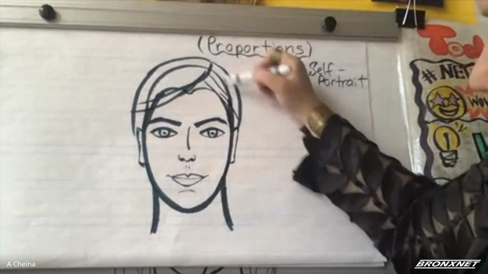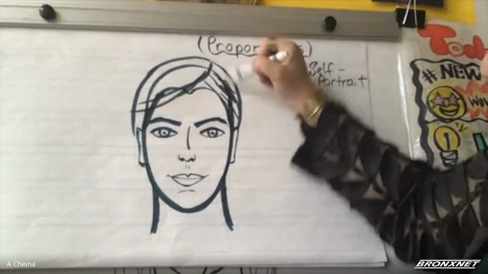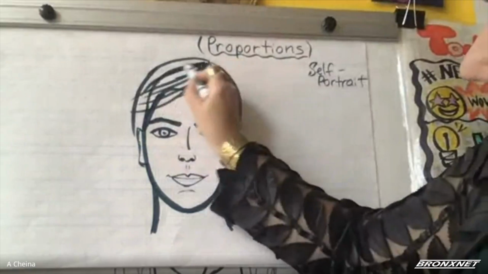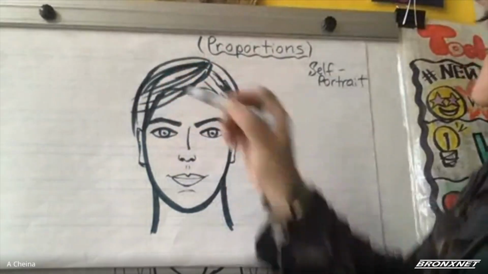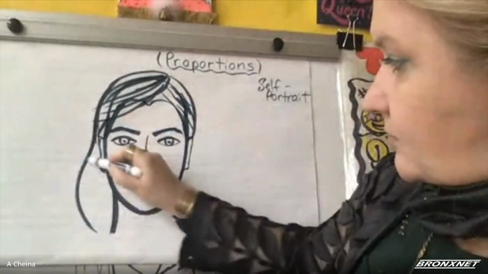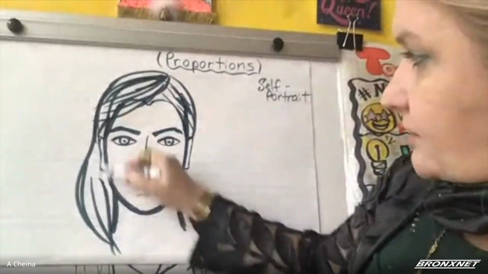Goodbye helping lines. I can't erase them, so I'm just gonna cover them with the lines for the hair. I don't know what I did with the hair today. Oh yeah, kind of pulled it up a little bit on this side.